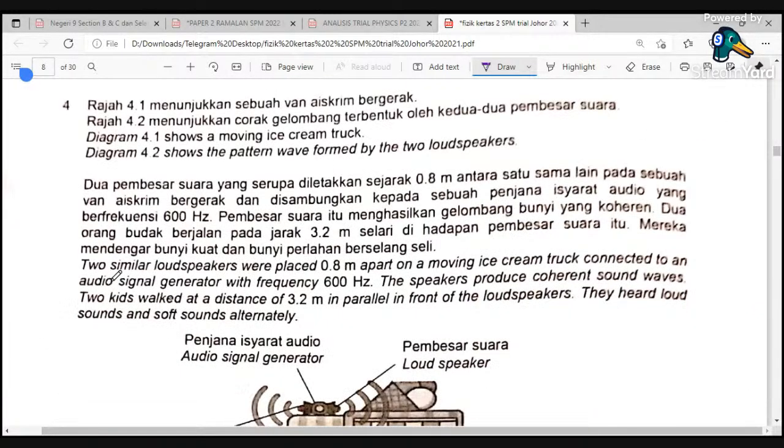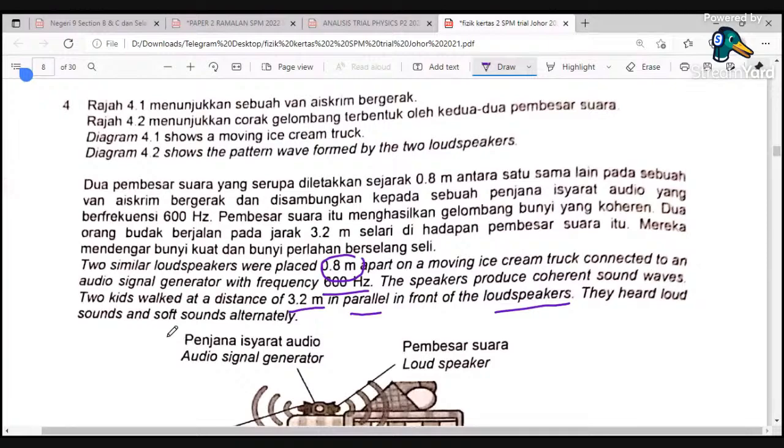Okay, number 4. Two similar loudspeakers were placed 0.8 meter apart on a moving ice cream truck connected to audio signal generator frequency. The speakers produce coherent sound wave. Two kids walk distance 3.2 meter in parallel in front of loudspeakers.